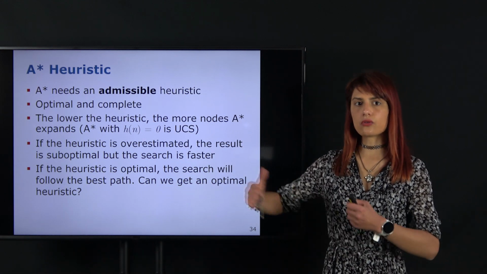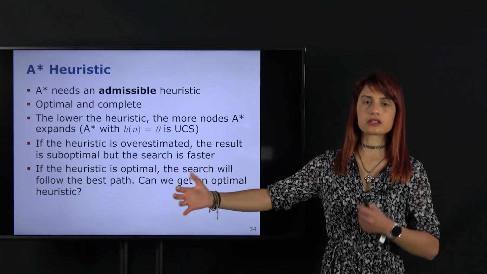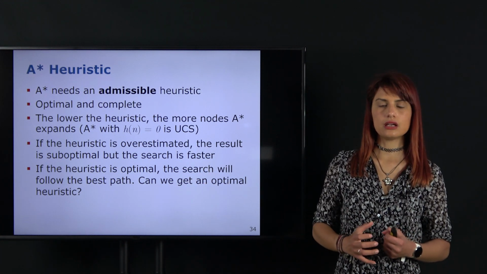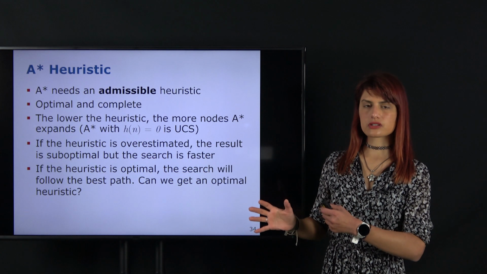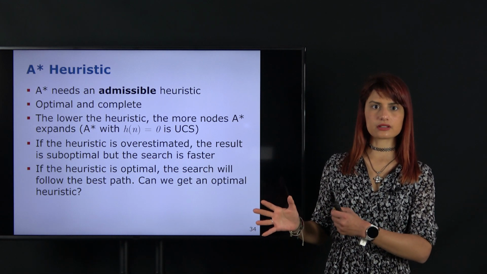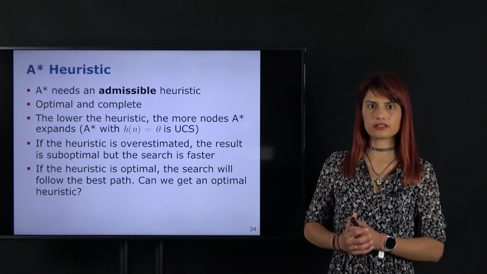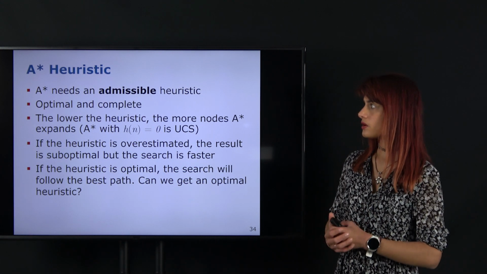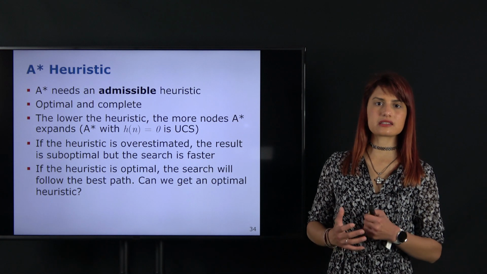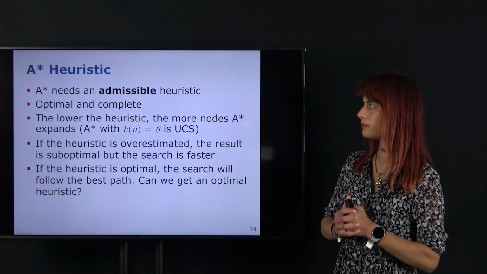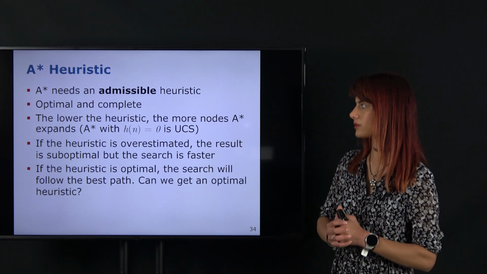Otherwise, say if we overestimate some of the paths in comparison to the true cost, the algorithm might not consider that a promising search direction, even though in reality it may be the best possible path that we can get. And so for optimality and completeness, it's crucial that our heuristic value is admissible.